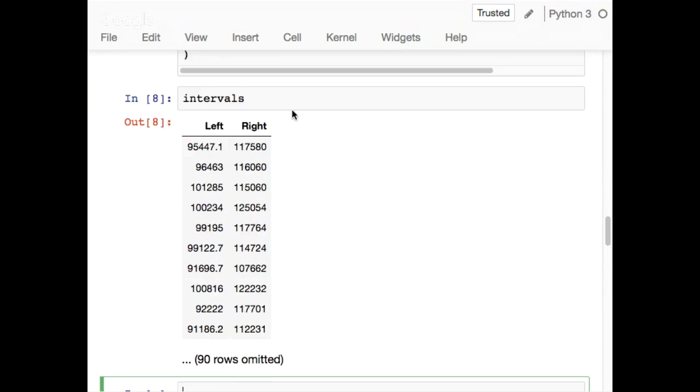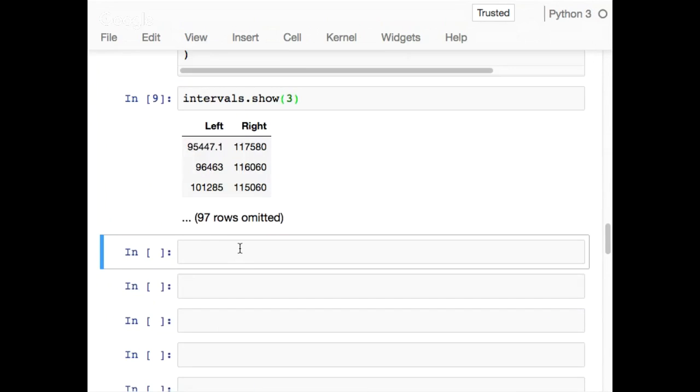So what I want to do is I want to take only the intervals where the left boundary was below the population median, and where the right boundary was above the population median. So the left boundary is below, the right boundary is above, then the population median was in the middle.